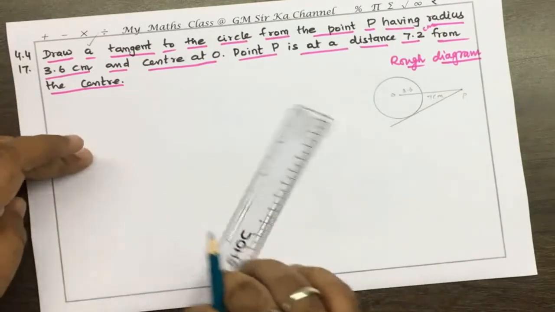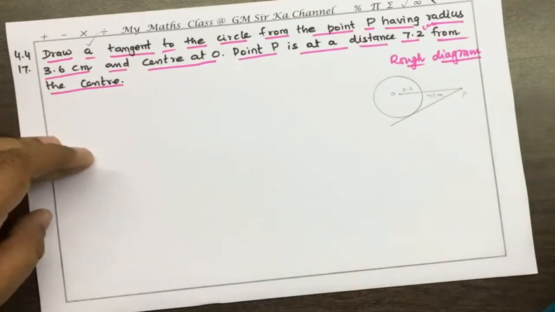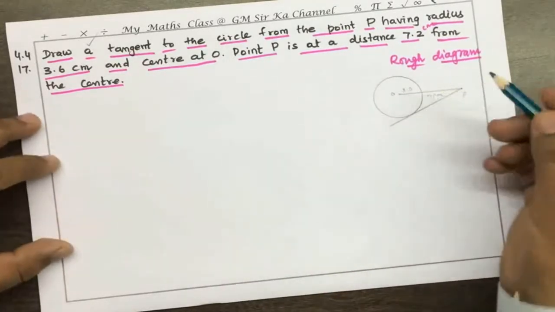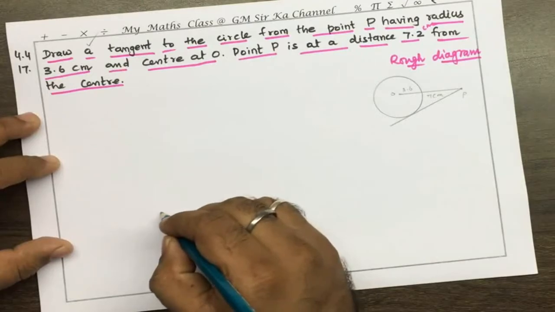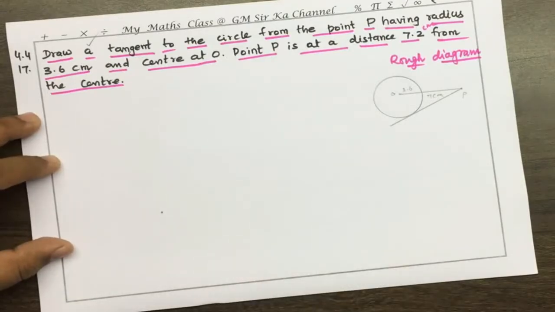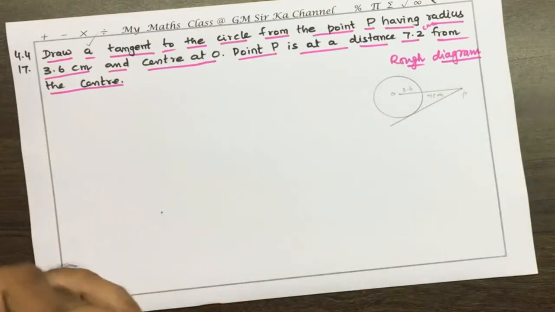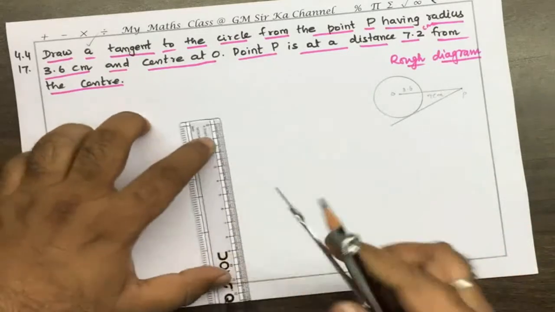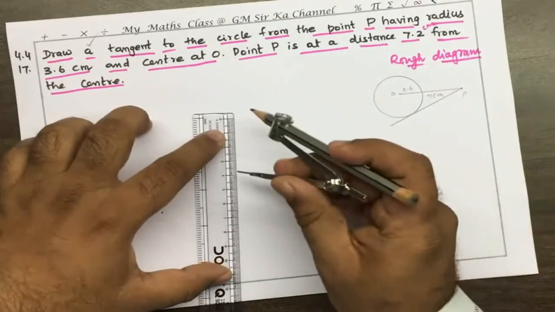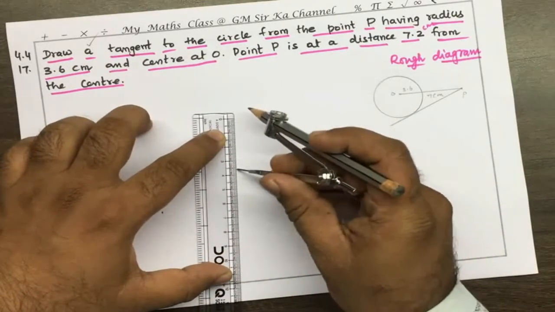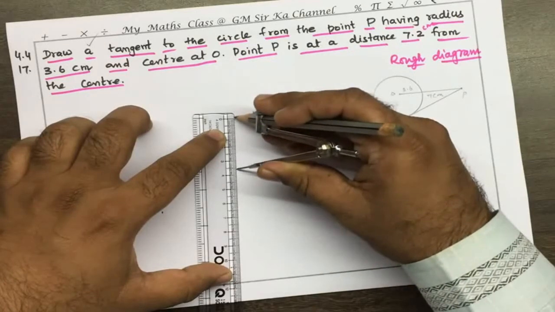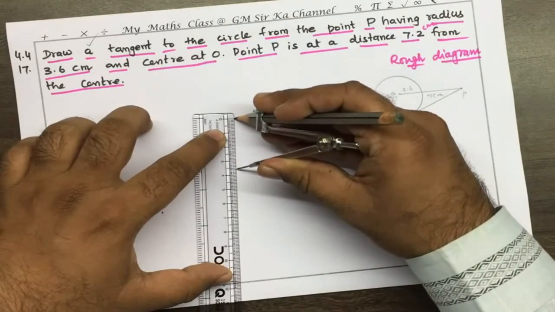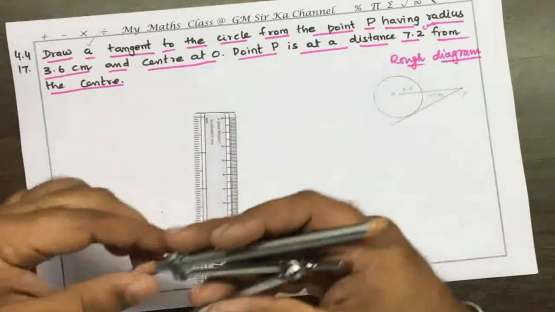So first of all, we must draw a circle of radius 3.6. Let this one be the center of the circle. In the compass, let us take the radius 3.6. Clearly we can see it is 3.6.